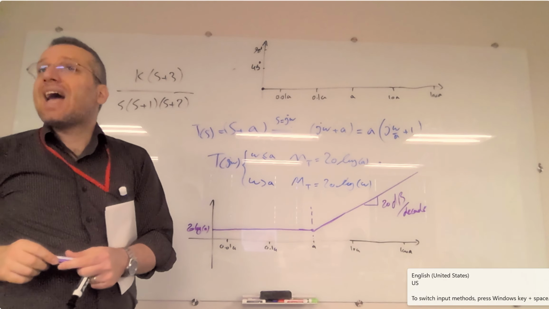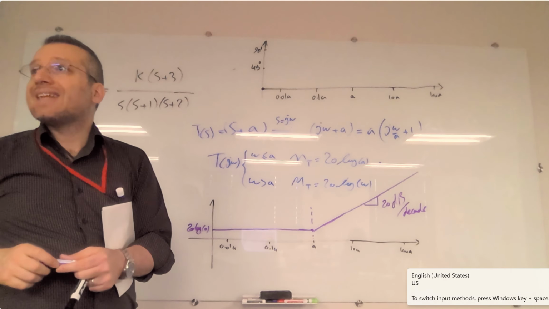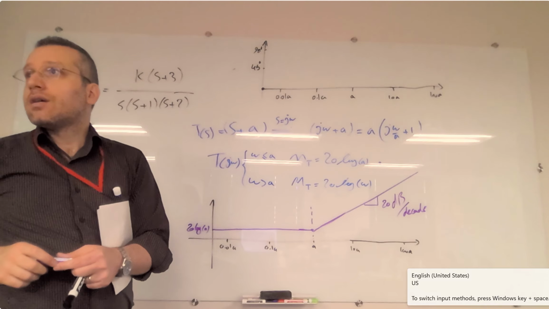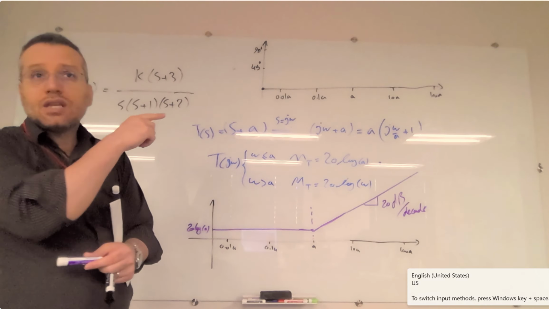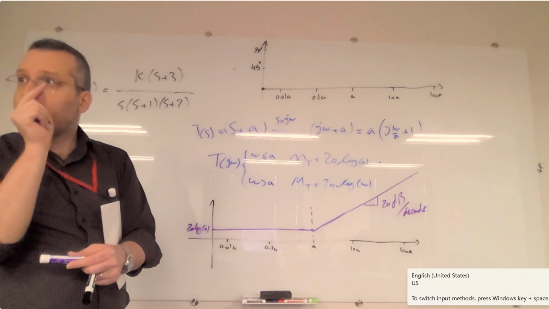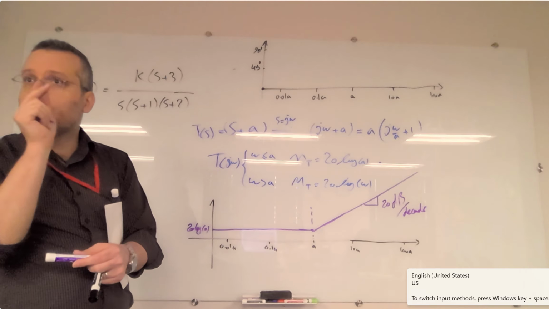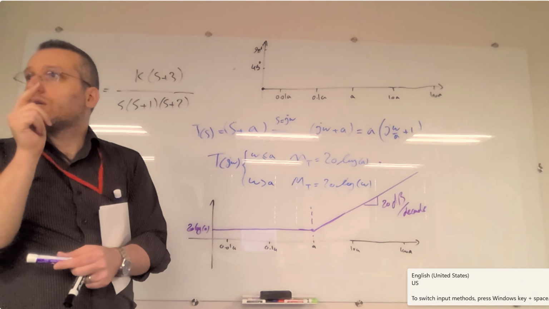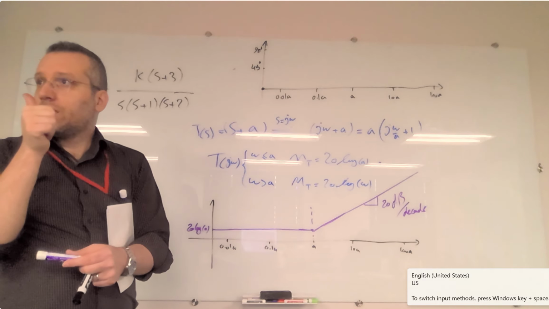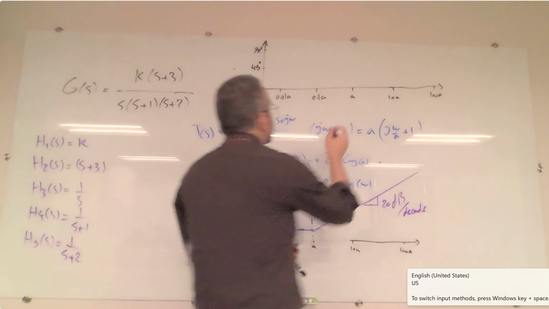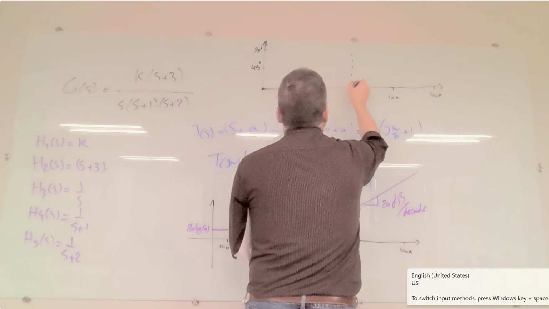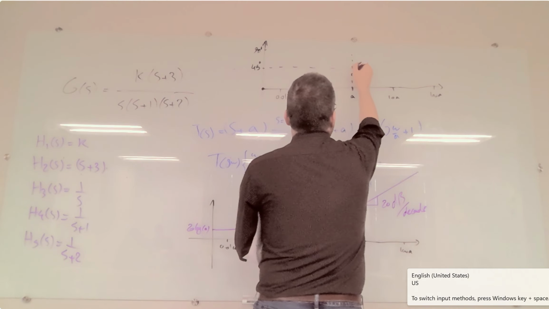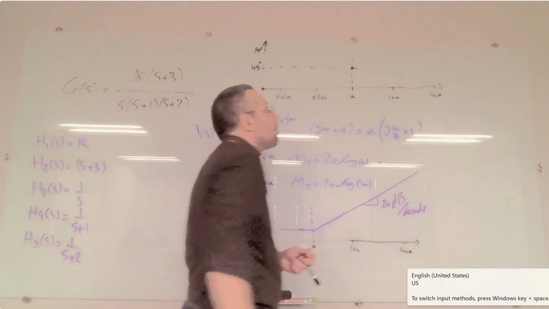At a, when omega is equal to a, we are reaching a very specific point where the tangent is equal to 1, meaning the phase should be 45 degrees. Correct? At a, we are at 45.